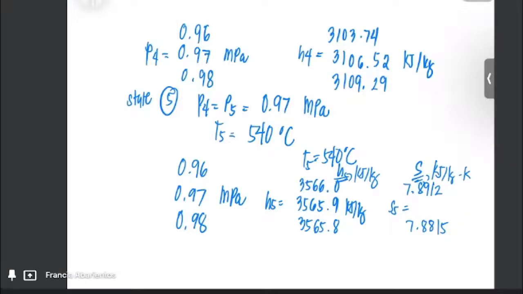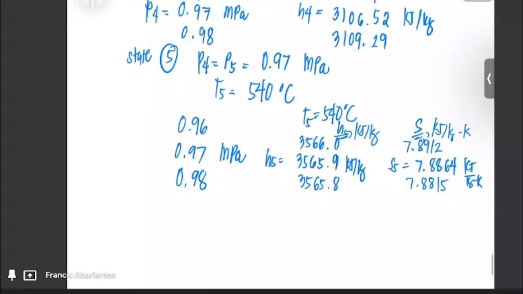We have 7.8864 kJ/kg·K. So, yan. Nakuha na natin yung enthalpy at that point. Okay. Mahaba-haba pa to class. We move on to stage 6.